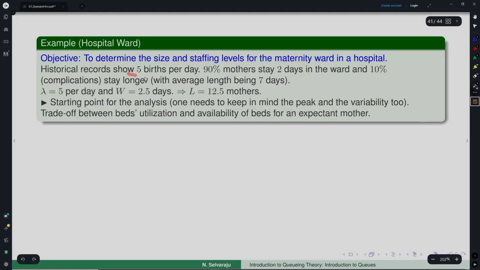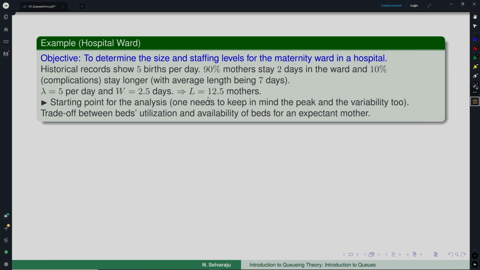It also shows that in the normal cases, when there are not many complications, 90% of the mothers stay for 2 days and leave. This 2 could also be taken as an average, but we are taking it as 2 for everyone, and 10% of the cases, which have a few complications involved, stay much longer, with an average length for these mothers of 7 days.